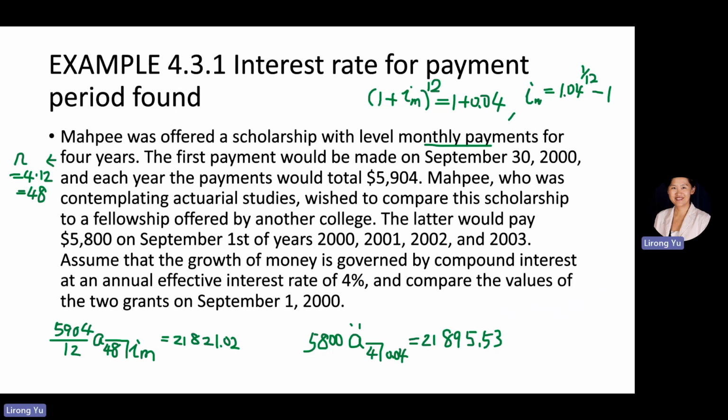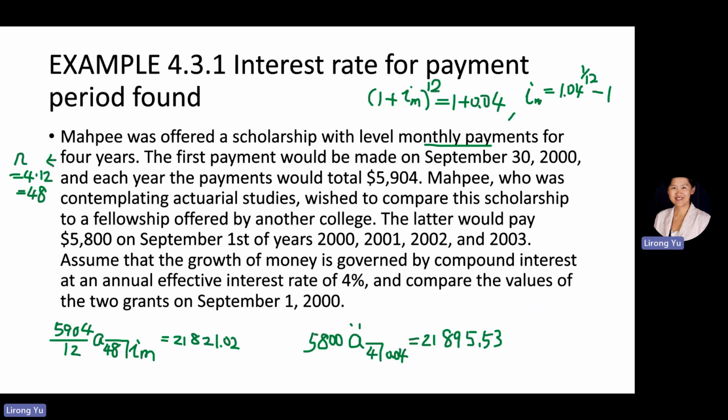Annual interest rate is 4%. And compare the value of the two grants. So both of them have the same annual interest rate of 4%. Are we comparing the present value or the future value? I guess it's the same.